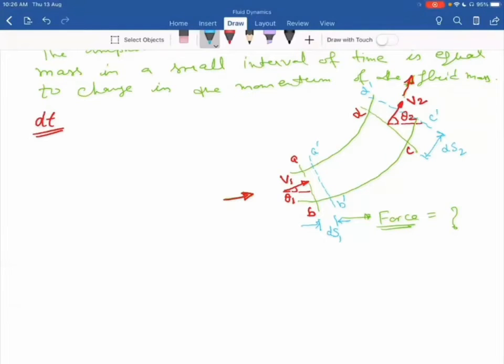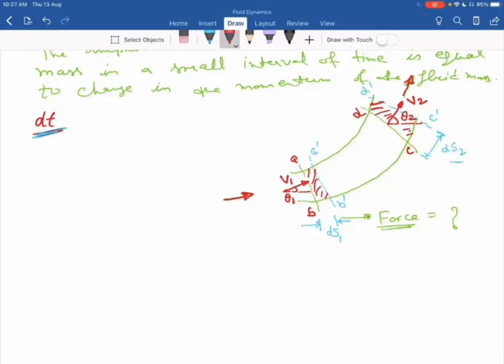Okay, the liquid which was at section AB, after time dt, moves to A dash B dash. This movement is with respect to velocity v1, and the section CD moves to section C dash D dash, and the distance is ds2. Okay, this is for a very small time dt. Now I am writing the fluid mass which is entering, that is this one, and the fluid mass which is leaving is this one.